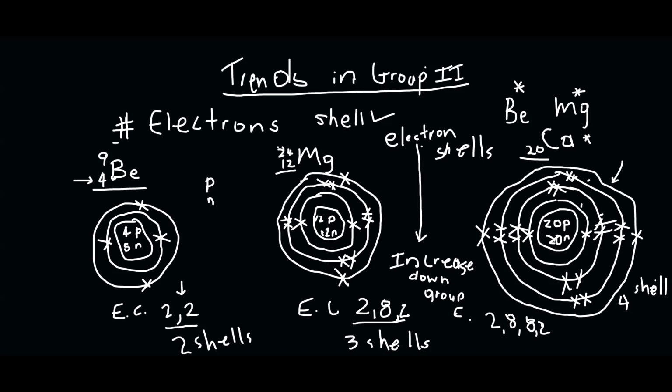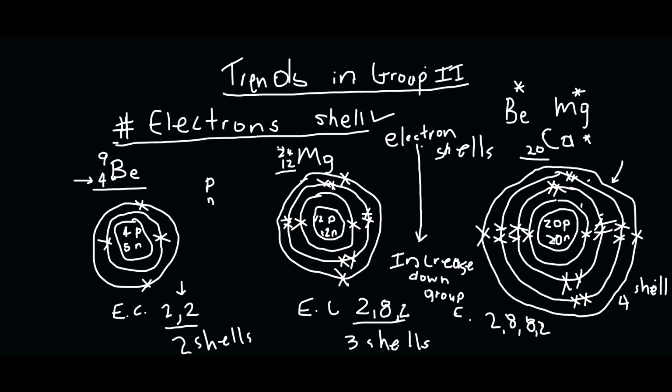The idea is that scandium would have an additional shell in its structure if we were to draw it, but we're not going to draw it. We're just focusing on the first 1 to 20, as I outlined in our previous session. So the trend in group 2 is that electron shells increase down the group.